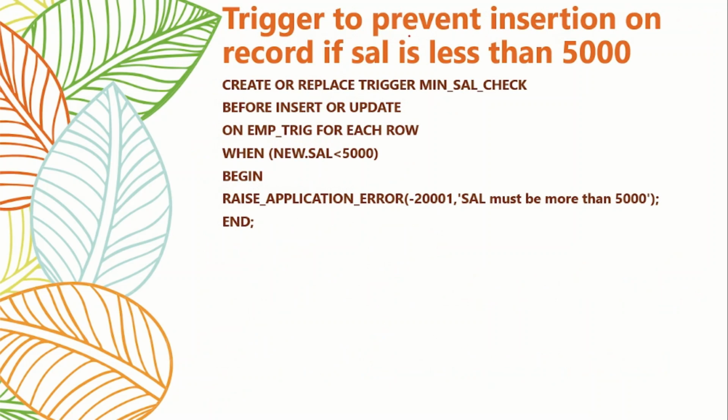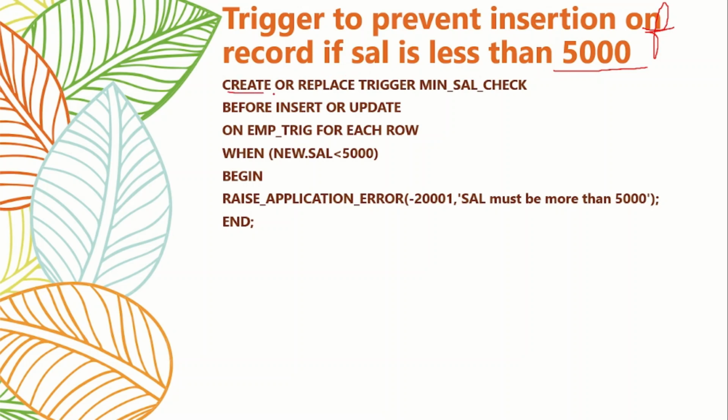Now this is another trigger. It is also going to prevent erroneous transactions. A trigger to prevent insertion of records if sal is less than 5,000.